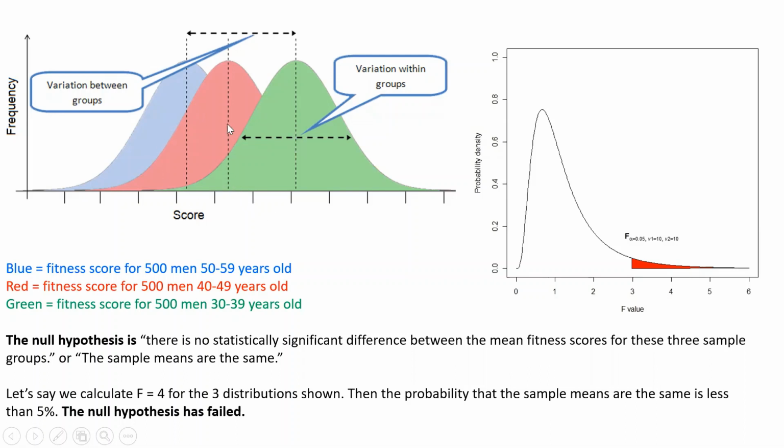Or the 40 to 49-year-old group has a different mean from the 50 to 59-year-old group or the 30 to 39-year-old group. The only thing we've shown is that the sample means are not the same, but we don't know which ones are not the same. We just know that one of them is not the same as the others when our null hypothesis fails.